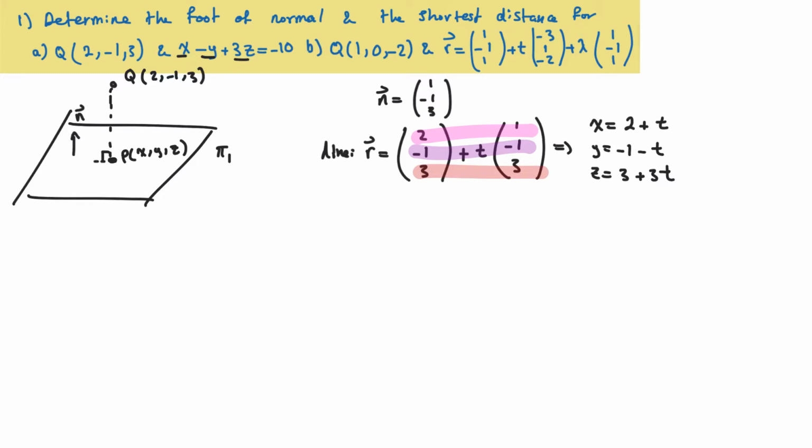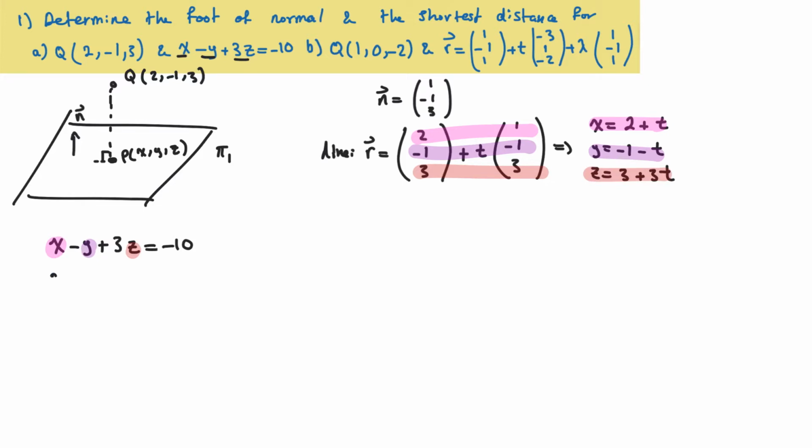Then I'm going to use the equation of the plane to figure out the t value for which the line touches the plane. I'm going to plug in the x value, the y value, and the z value.